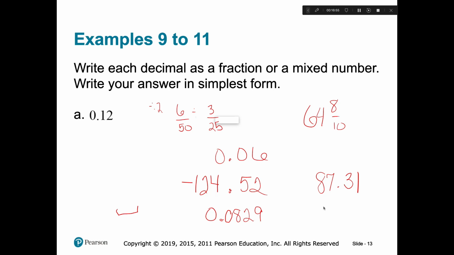Mikey, help me out. And so I have to put my decimal, then what?